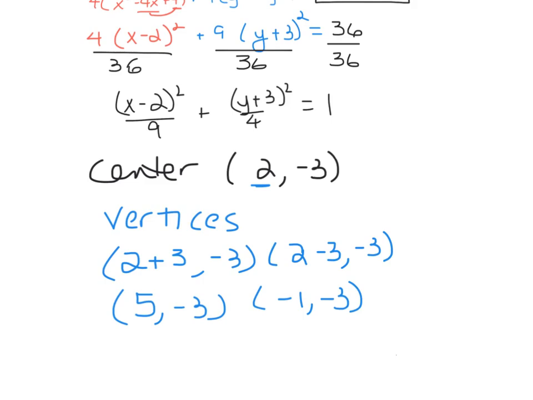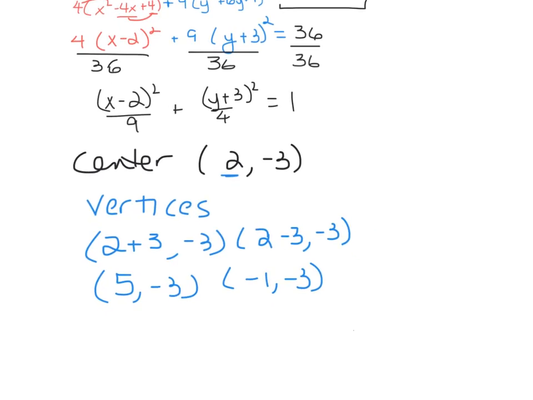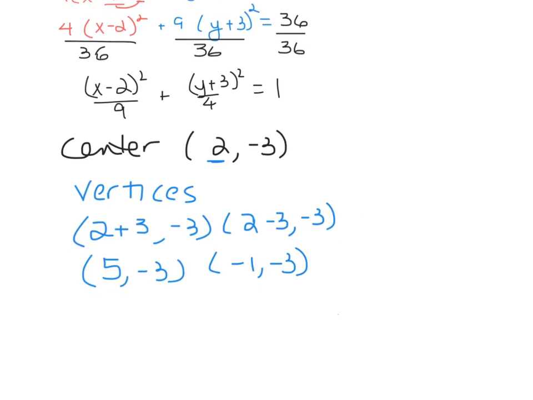Okay, so next we find the covertices. To find the covertices, I'm using the b value, and I'm adding it to the y now, because that's where my minor axis is. So for covertices, I'm still using the center, but now I'm adding plus and minus b to the y.